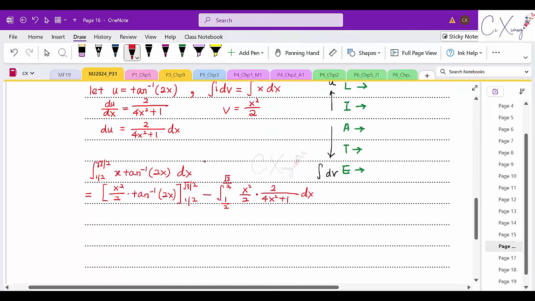Then next step, you try to substitute in the value first. Substitute 3 over 2 into x squared, so you have 3 over 4 divided by 2, which gives 3 over 8. Then tangent inverse, substitute 3 over 2 inside the equation, you have tangent inverse 3.